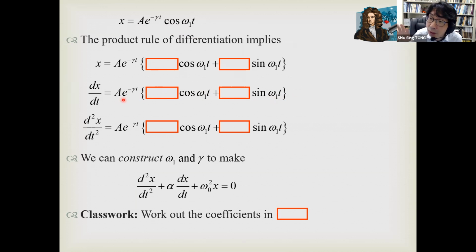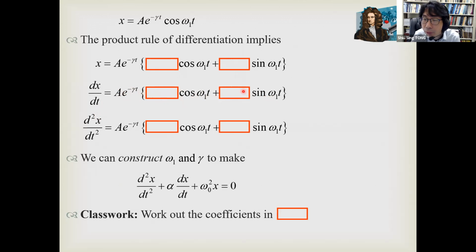To make the calculation systematic and reduce the chance of making errors, let's write down our expectation. The general solution, dx/dt and d squared x/dt squared must look like this: a cosine term and a sine term, which go together and are multiplied by the exponential.